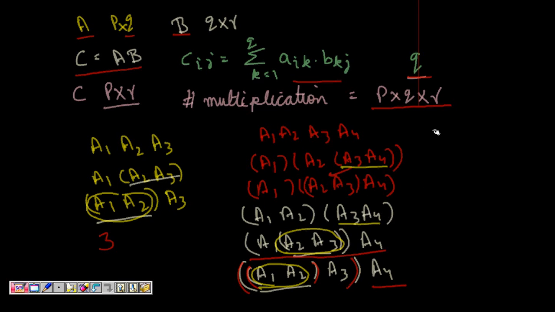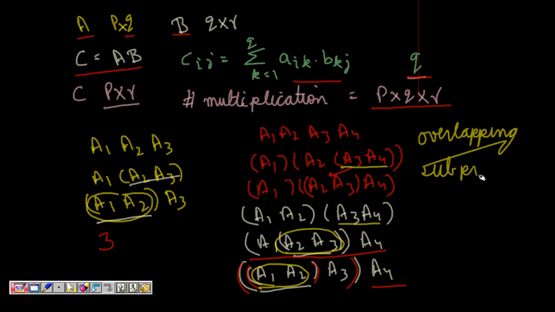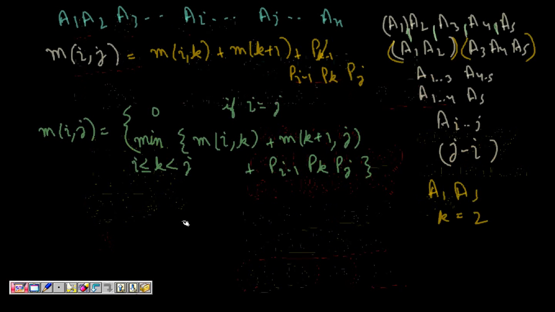So we see that it is an overlapping subproblem. So we have overlapping subproblems and bingo, we have got some idea that we can use dynamic programming, and it is also recursive in nature because the solution of a bigger problem depends upon the solution of smaller subproblems.